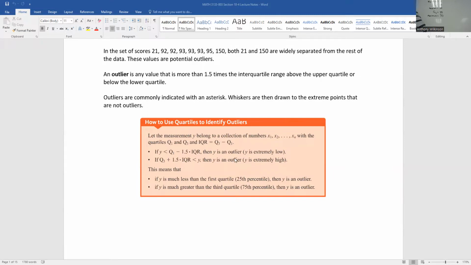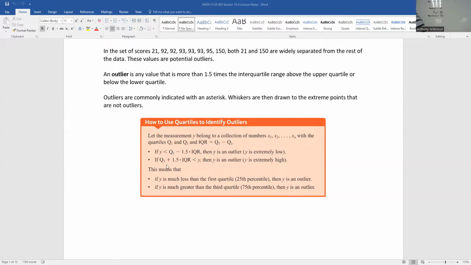Okay. Now, for a data value to be extremely low, that data value has to be less than Q1 minus 1.5 times the interquartile range. You have to compute this first, Q1 minus 1.5 times the interquartile range. And if y is less than that amount, then we can say that it is an outlier.